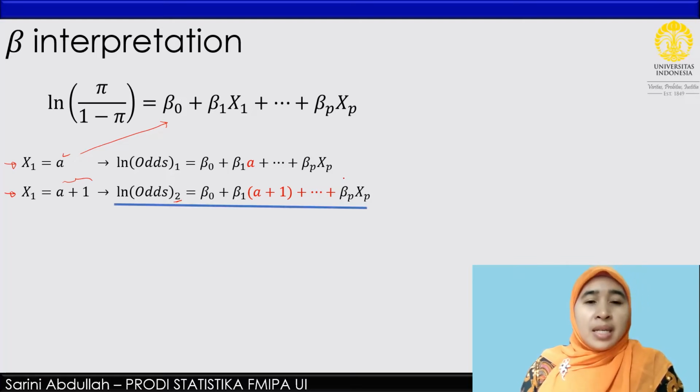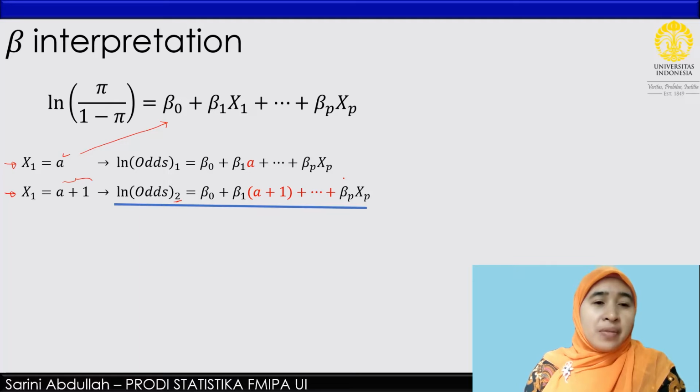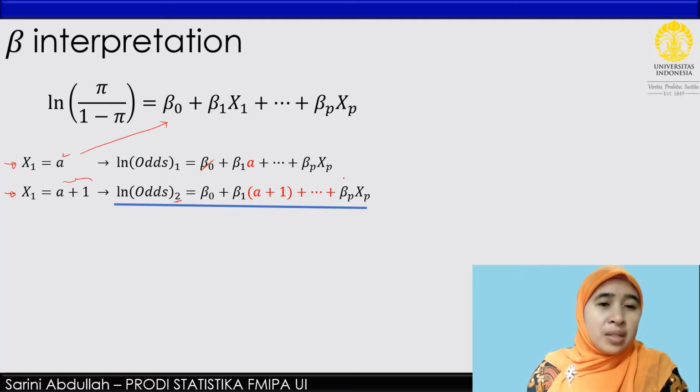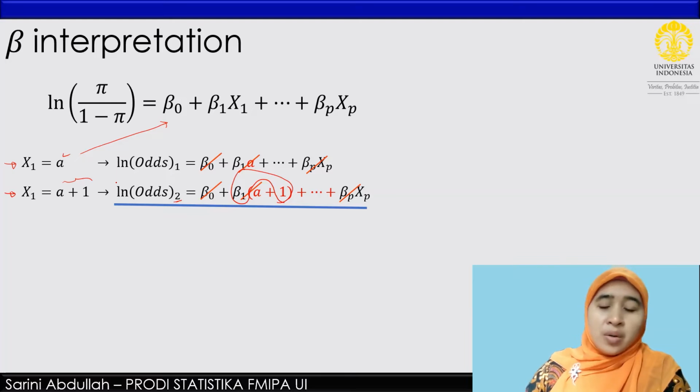Then we calculate the difference in the log odds of these two conditions. Beta naught cancels out, beta 1 times a cancels out, all the way to beta p. What's left is just beta 1 times 1, by subtracting the first equation from the second.